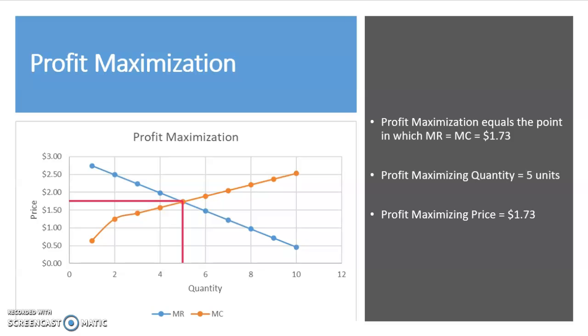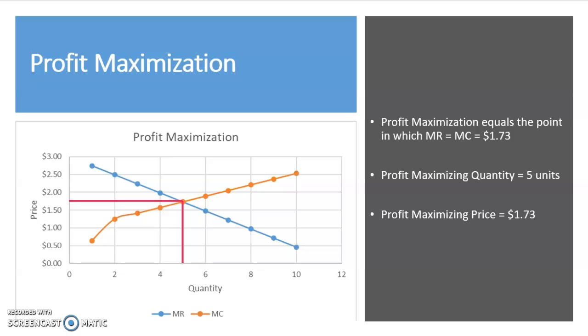This is our profit maximization graph. The blue line is representing our marginal revenue, which is declining as we continue to produce, while the orange line is representing our marginal cost, and that is increasing as we continue to produce. As we mentioned earlier, to find our profit maximization point, we will need to find the point in which our marginal revenue and marginal costs intersect or are equal.